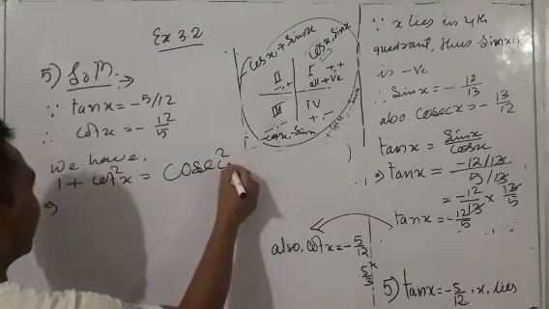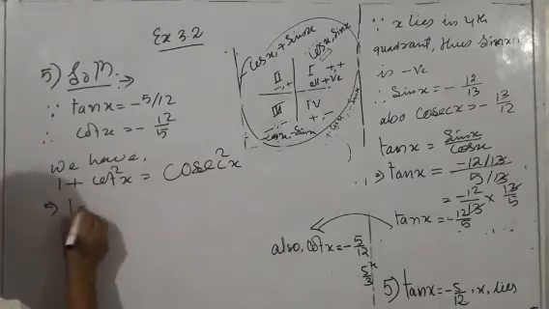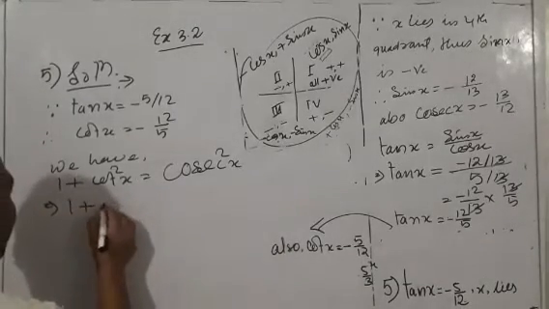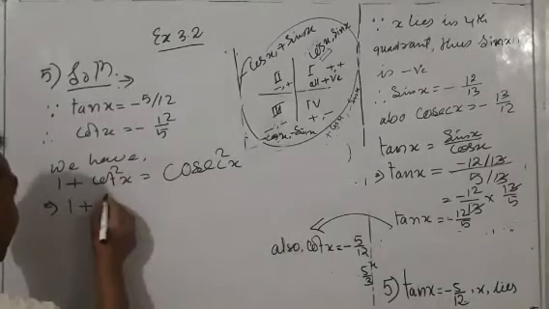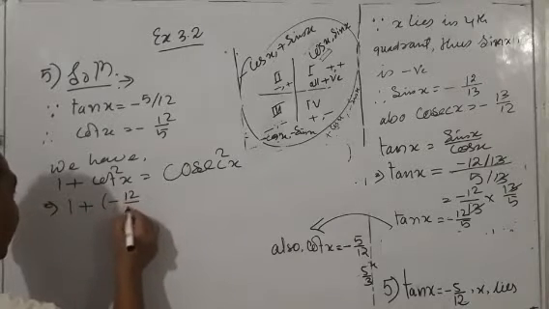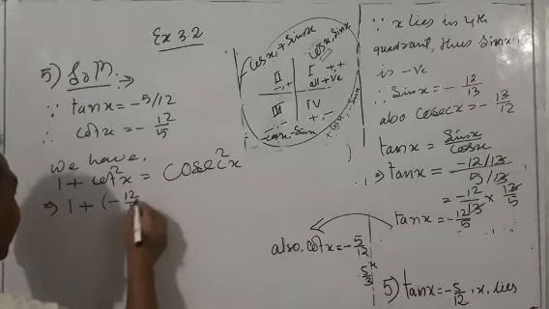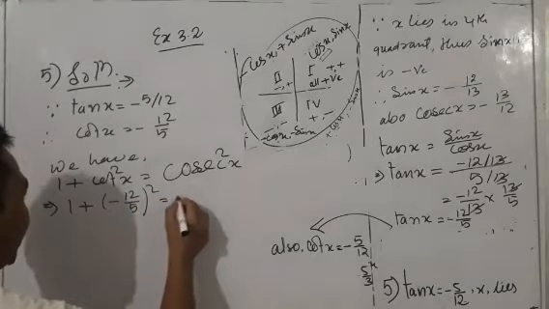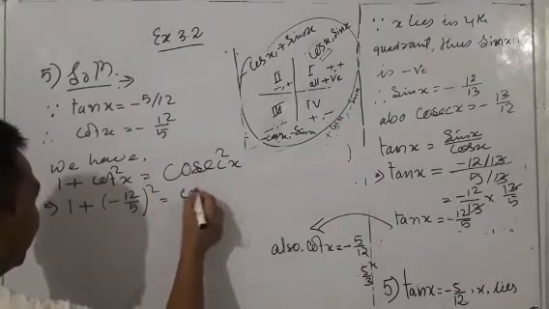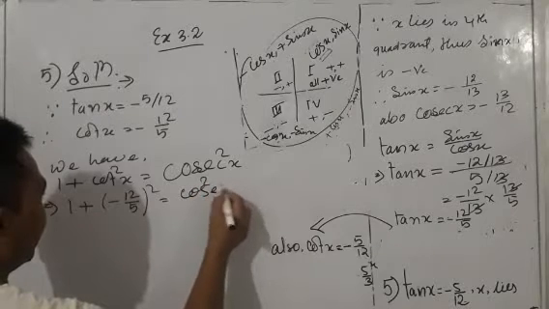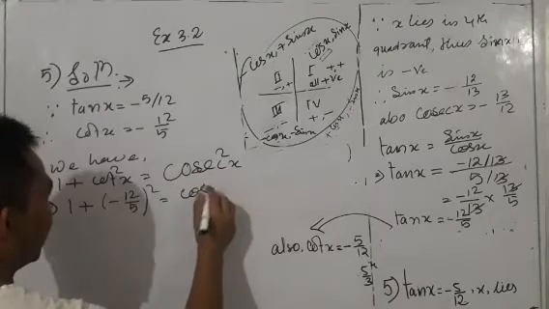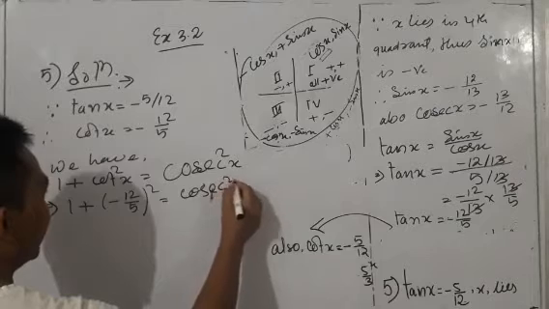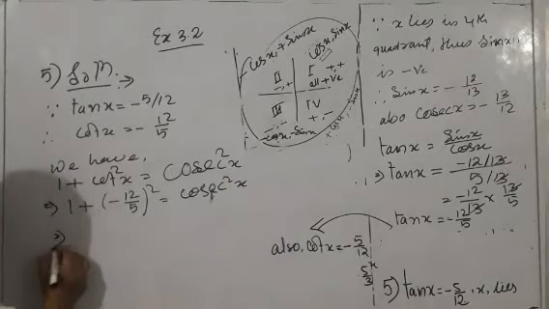Then put the value. Cot x is minus 12 by 5, whole square, equals cosec square x. We are going to find out the value of cosec square x.